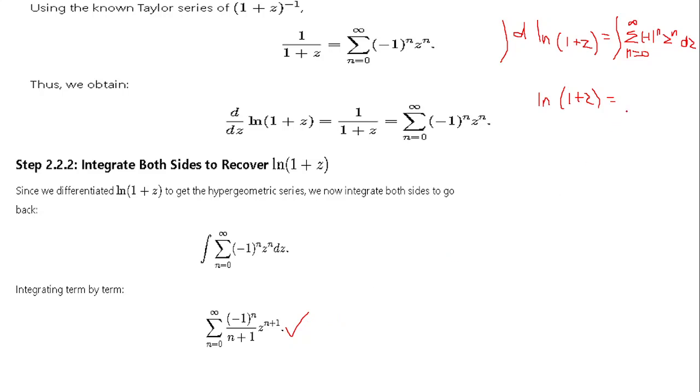So the whole of this will be equal to minus 1 to the power n, z to the power n plus 1, all over n plus 1. That is the integral, right? Yes, sir.